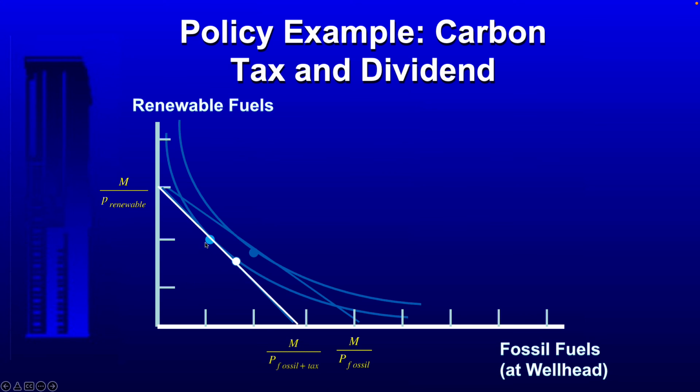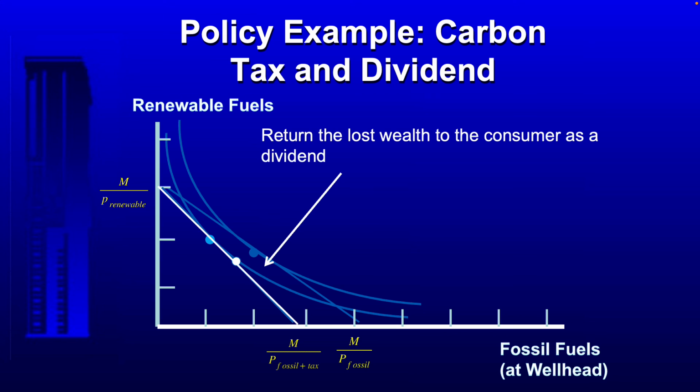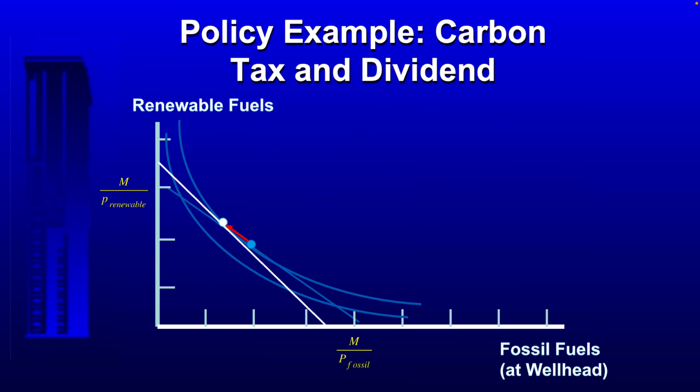So this shows just the raw substitution effect by itself. Now, if we refund to the consumer all the money that the tax has cost him, that is going to shift the budget constraint back to where it was before.